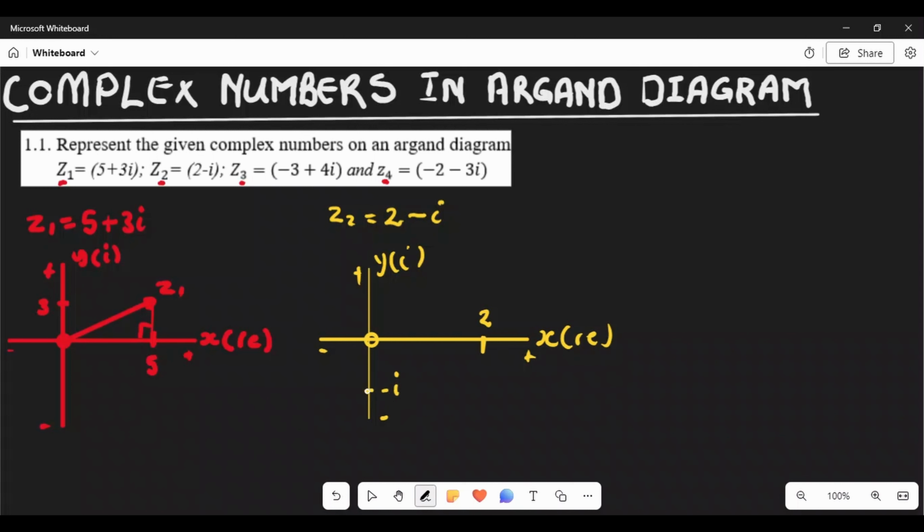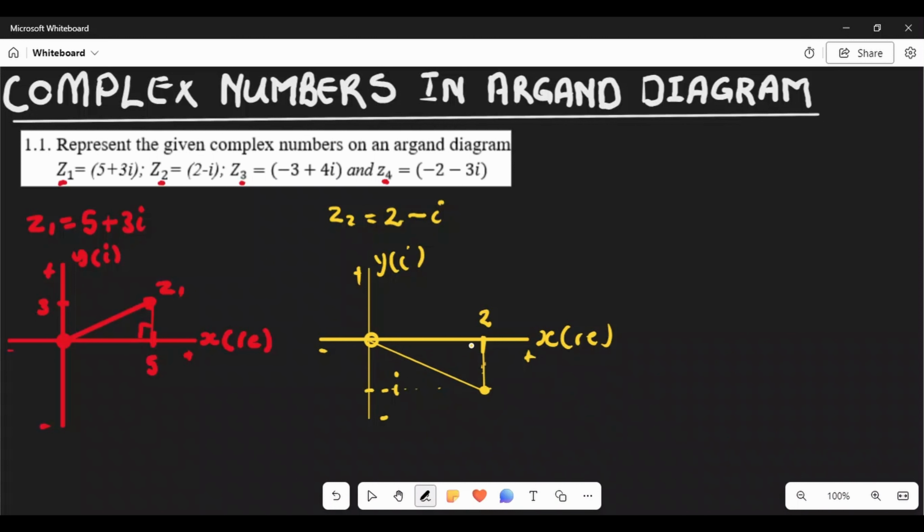You draw a faint line here and another faint line here. Wherever these lines meet, that is your point. From the origin, you draw a radius or a modulus, and then you connect it, and this one here you also connect.